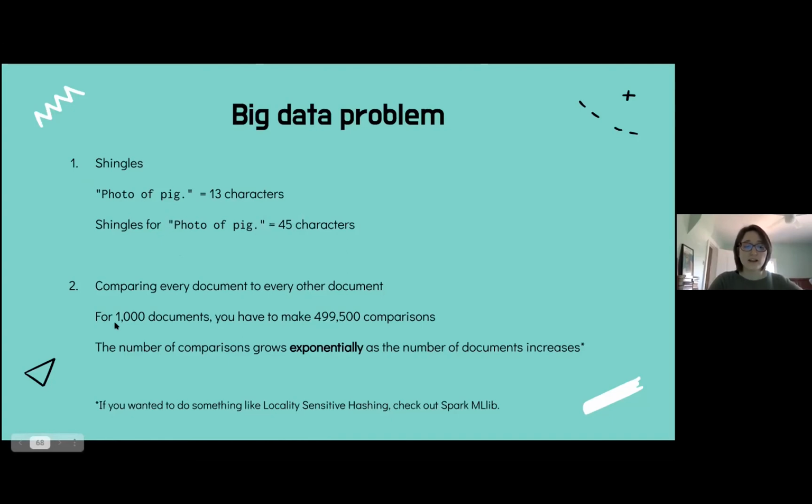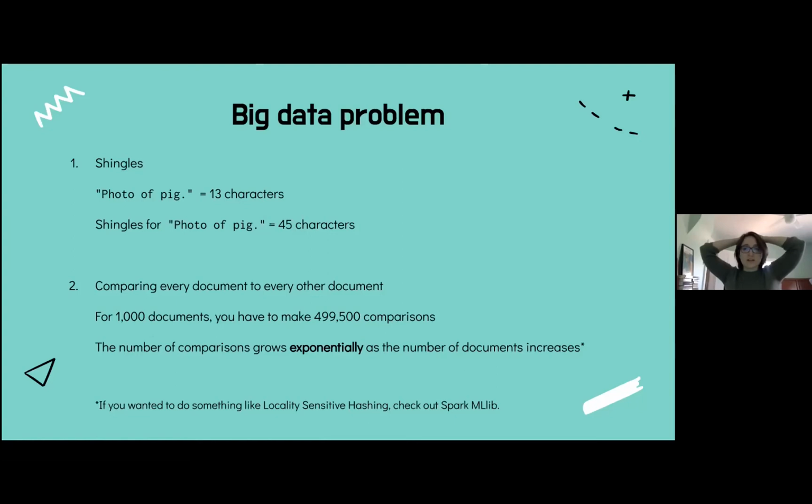And in order to get the similarities for 1,000 documents, you have to make almost 500,000 comparisons. And just to think about large numbers, I think it's good to give an example. So say we had a good computer and we could do 1,000 comparisons per second. That would still take us over 8 minutes to look at just 1,000 documents.